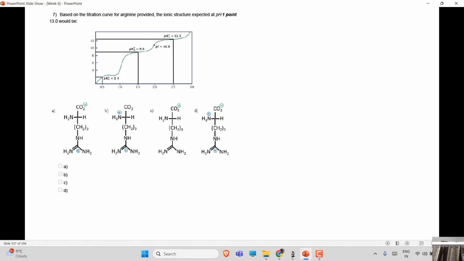A rule of thumb from the Henderson-Hasselbalch equation is if pH is greater than pK, the deprotonated form dominates. If pH is less than pK, the protonated form dominates. Now you compute these values in the equation, and basically it gives the answer 3.